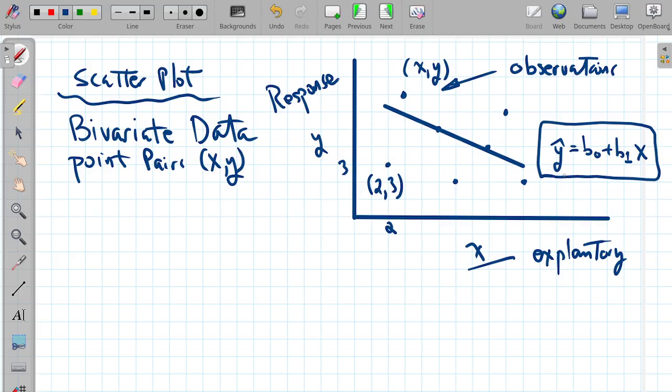Keep in mind, both of these must be numerical. You can't have categorical data on the x-axis, not in this course anyway. You can't have categorical data on the response axis. Don't do that.